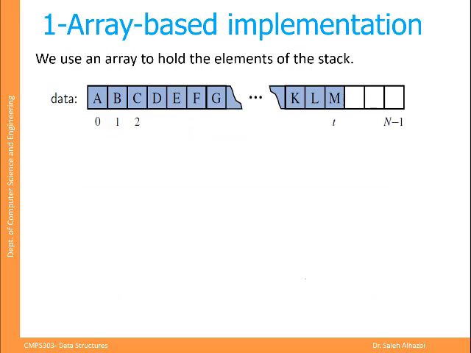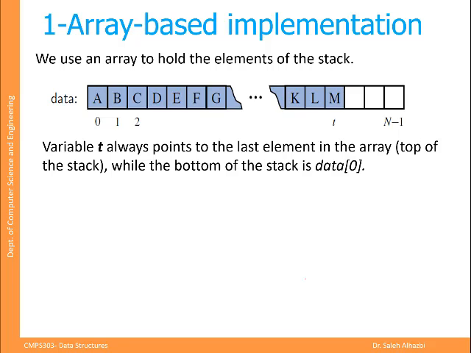So we will just have a regular array. We will insert the elements in the array, and based on that we will use a reference, which is just a variable called t, that will hold the index of the last element in the array. So the size will always be t plus 1, because when t equals 0, that means we have one element which is at index 0.